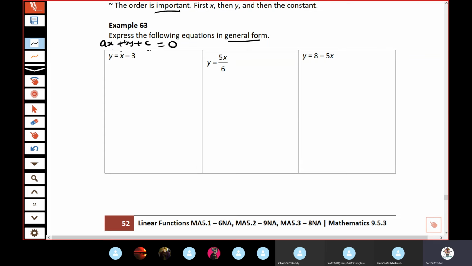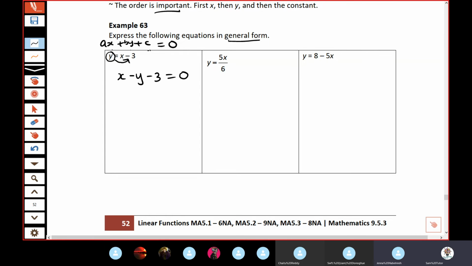So have a think about it one more time. Do I bring the right-hand side to the left, or should I bring the left-hand side to the right? The left to the right. Yeah, that kind of makes sense now, doesn't it? If you do that, is x going to change? No, it's going to stay positive. So what you're left with is x minus y minus 3 equals 0. You're done. That's it.